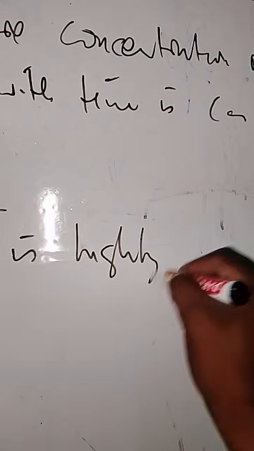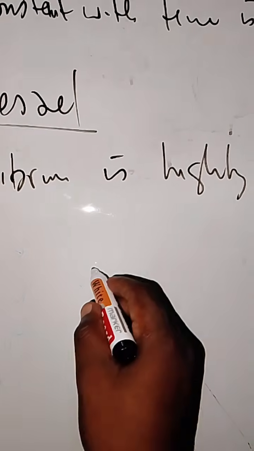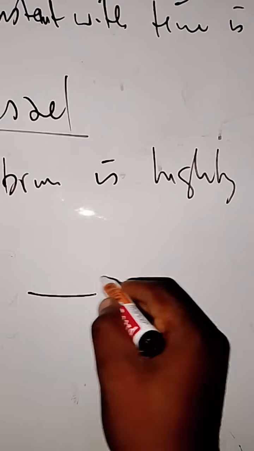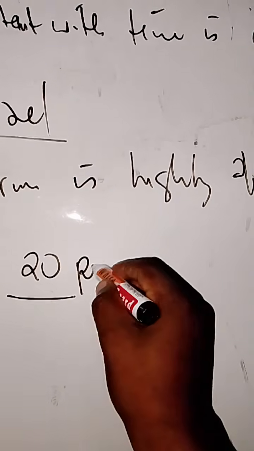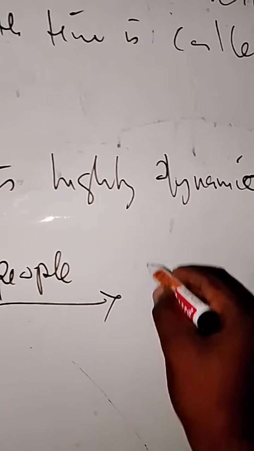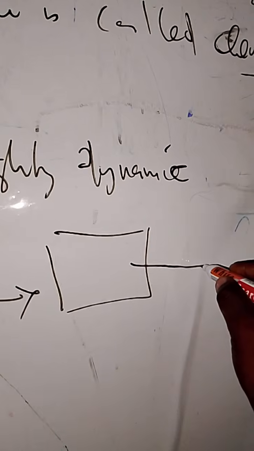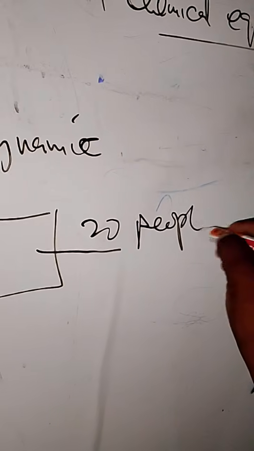Equilibrium is highly dynamic. Okay, just for example, let's say 20 people enter into a hole, and at the same time 20 people come out.